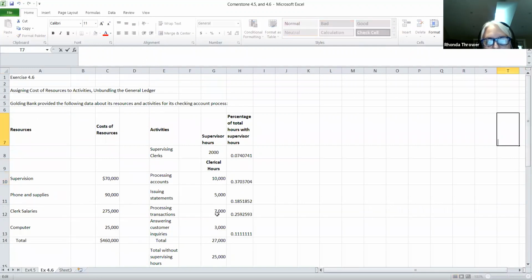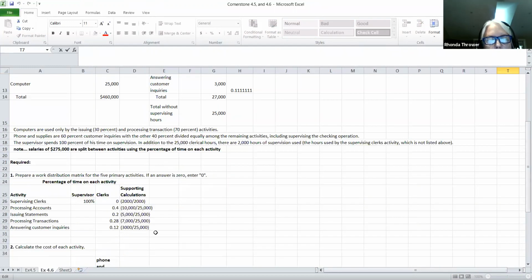There were 7,000 hours that were used for processing transactions. We would divide that by 25,000 hours, just the clerical hours. And that will give us 28% of our time is spent on processing transactions.